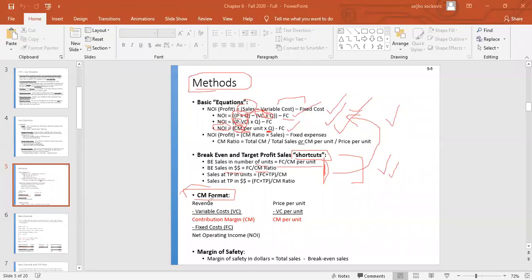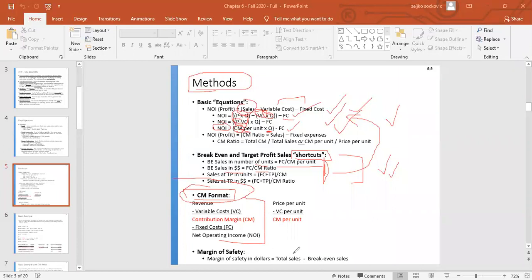Now, again, finally, I like this method a lot because it really shows you, as someone asked a second ago, how the fixed cost is the difference between net operating income and contribution margin. Well, you don't need to ask me. You just look at this format, right?